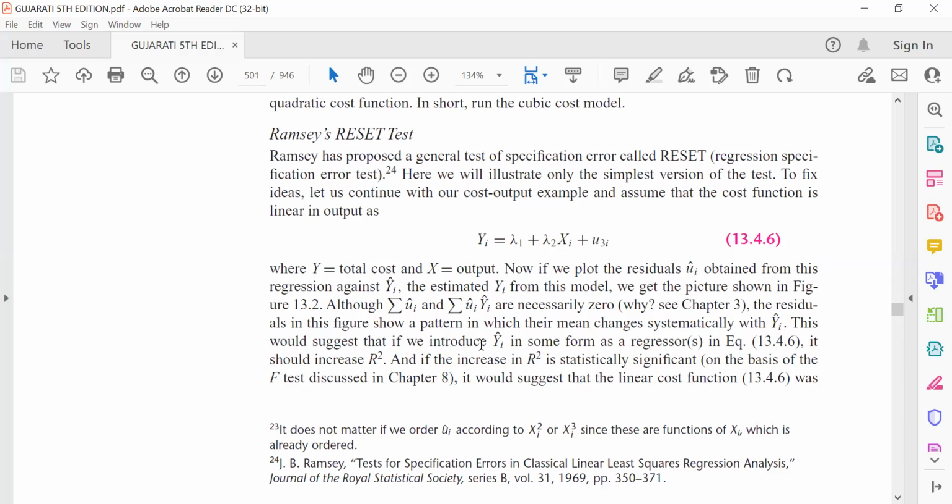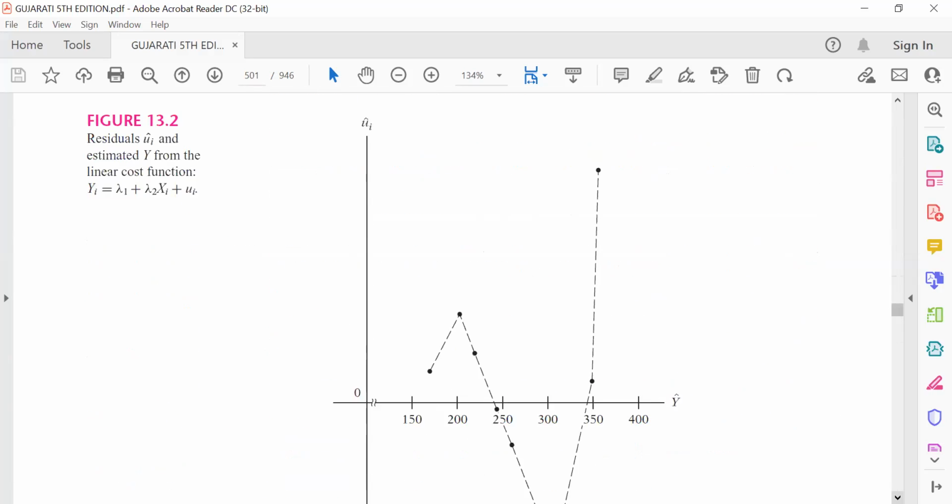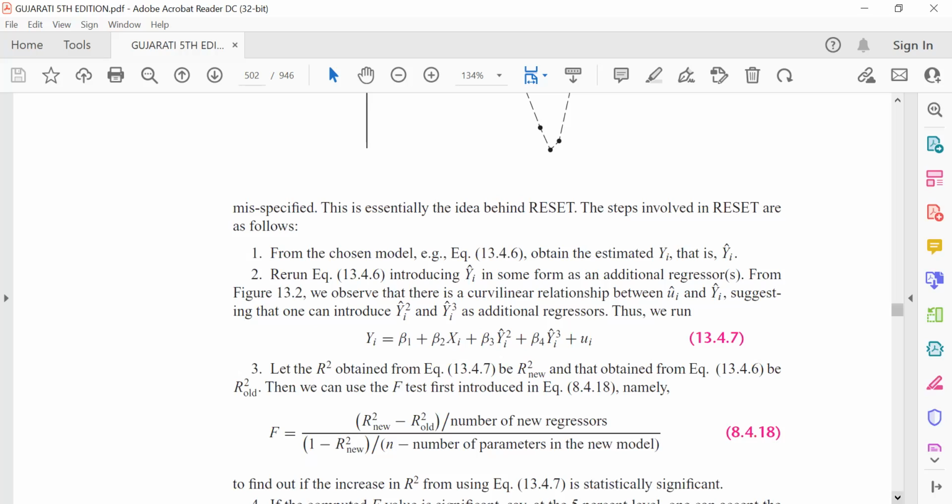This would suggest that if we introduce y hat in some form as a regressor, that means we add y hat as another independent variable, and the R square is statistically significant on the basis of the F test, it will suggest that the linear cost function was misspecified. This is essentially the idea behind the RESET test.